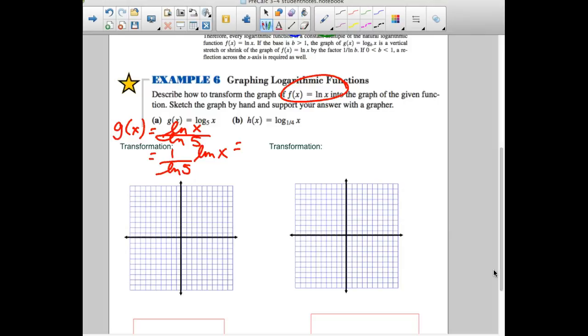Anybody got it? 0.621 times the natural log of x is what it turns into. So if we already knew what the natural log of x graph looked like, what is the 0.621 in the front going to do? It's going to shrink it. Okay, so we have a vertical shrink of 0.621.